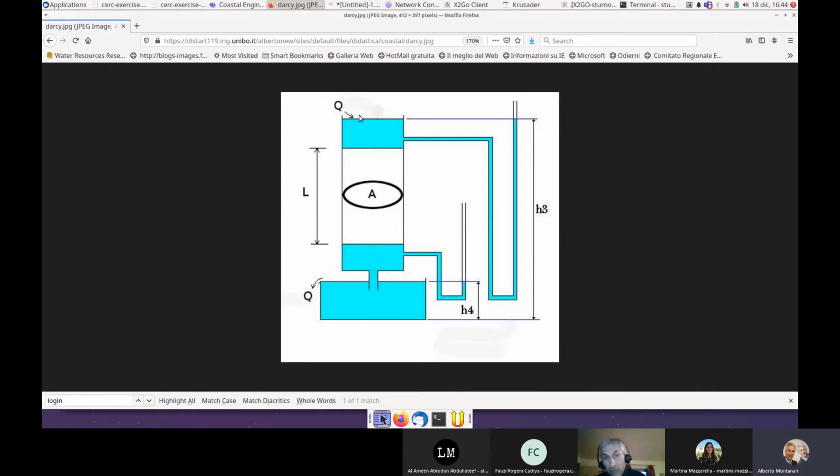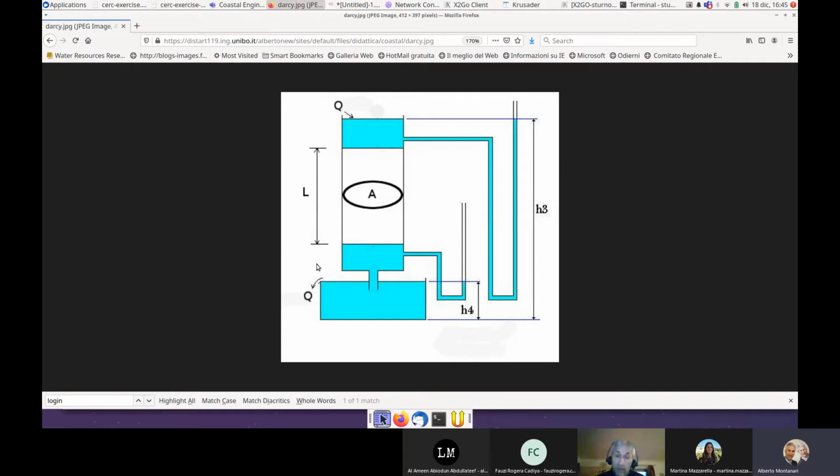So the hydraulic head at the free surface is the same hydraulic head you get at the interface between water and the medium. Very good. So H3 is the hydraulic head at the top of the medium. At the bottom of the medium, the hydraulic head is precisely H4. So the gradient is H3 minus H4 divided by what?